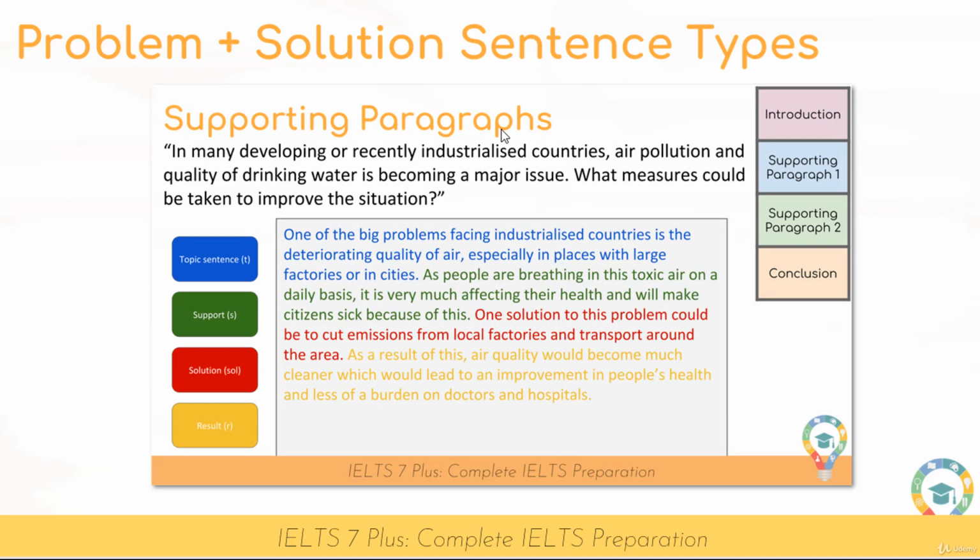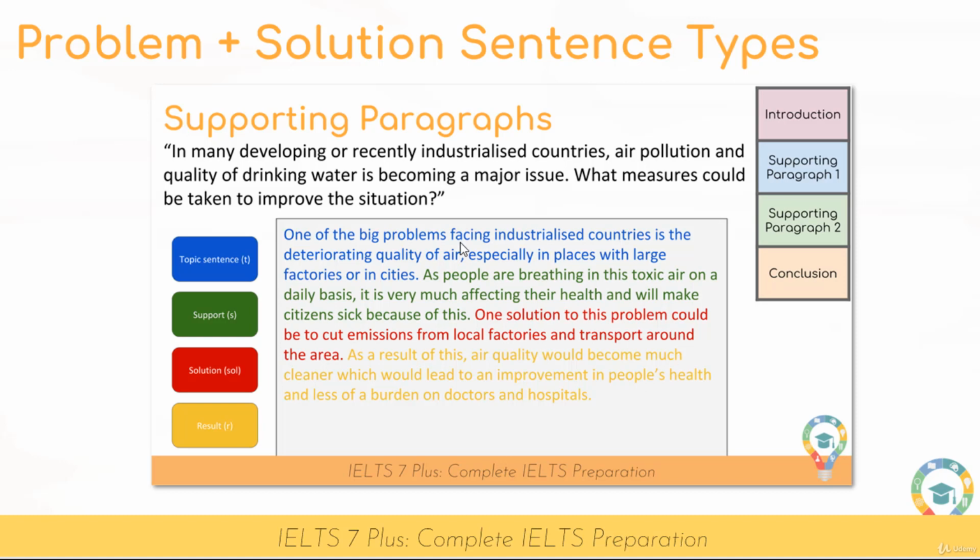So supporting paragraphs for a problem solution type question. We still have topic sentence, support sentence, but if you remember, we also need to include a solution sentence and a result sentence. This was obviously covered a few lessons ago. If you need, please go back and refresh your memory more.